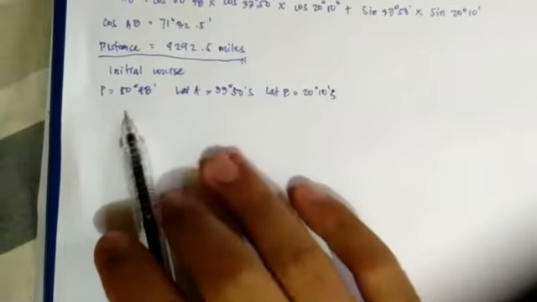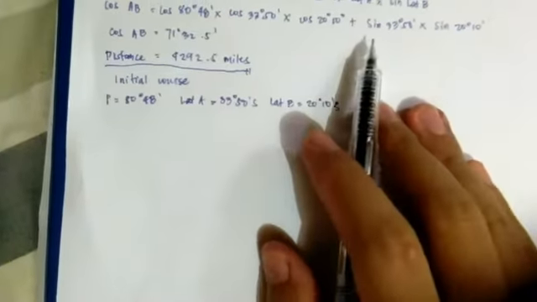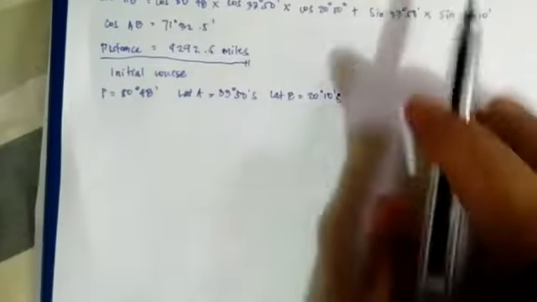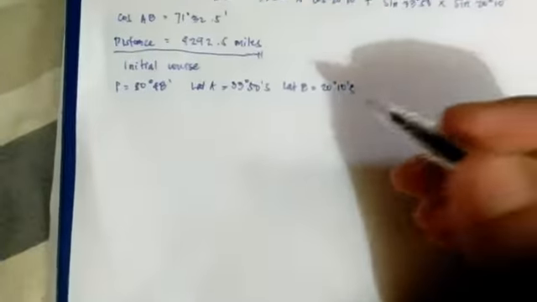We are going to use this data in order to get our initial course. So first, we need to solve the initial course of A.